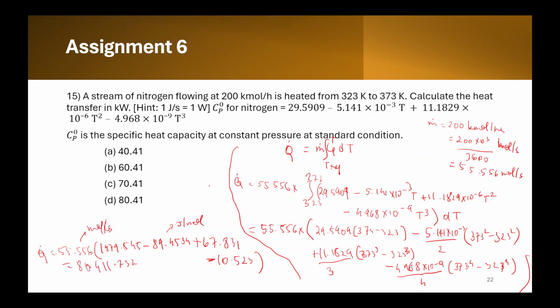So mole and mole get cancelled, joule per second. So we need to calculate in kilowatt. So basically, we can write this as watt. So kilowatt will be 80.41 kilowatt. So the correct option here is D part. Okay.